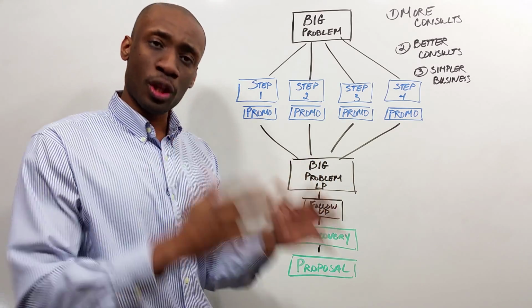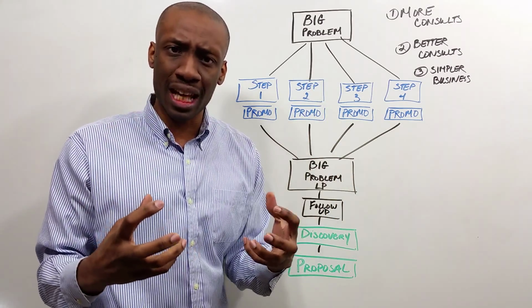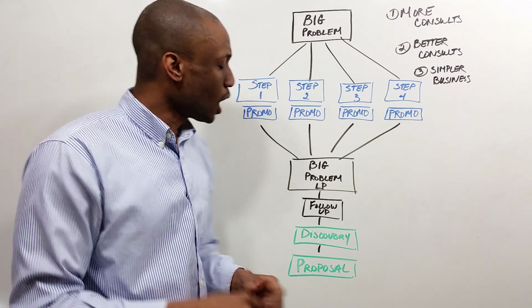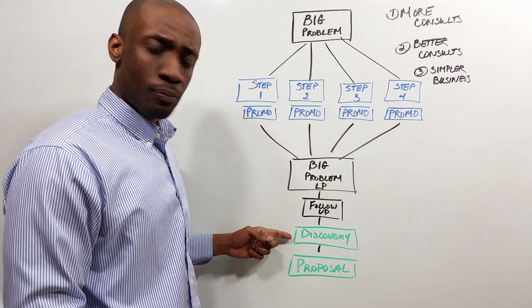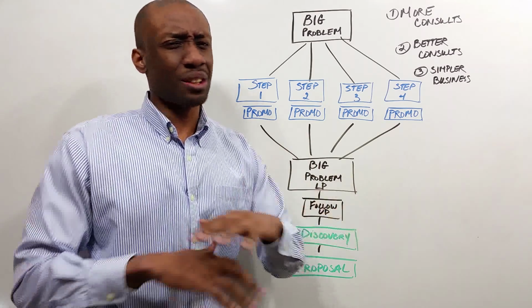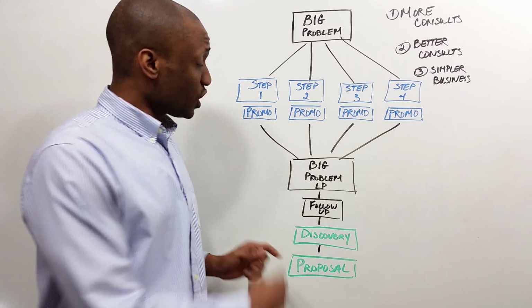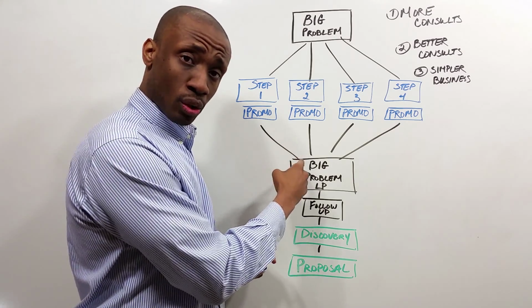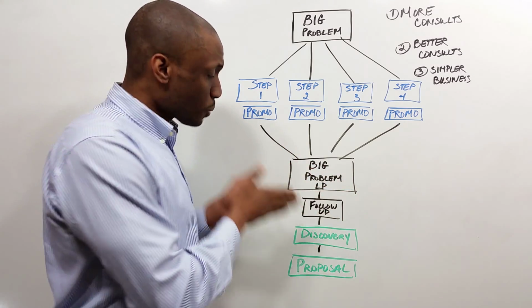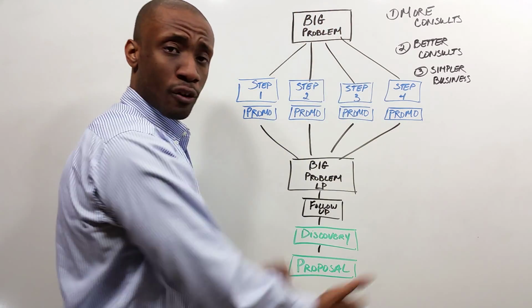You're just listening to their problem and how it affects them in their world, right? You're grabbing their language and their understanding, right? And so from that discovery call, you then make a proposal call 2 days, 4 days, at the most 7 days later, you're going to offer a proposal, which is simply the big problem, big solution, just nuanced for their particular situation. So this becomes your funnel.